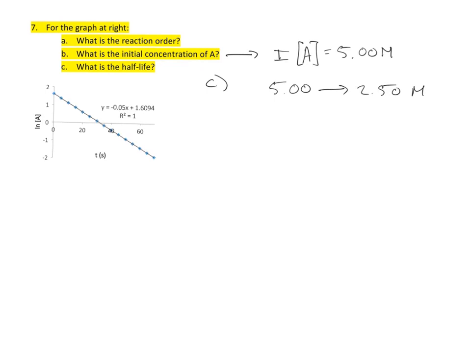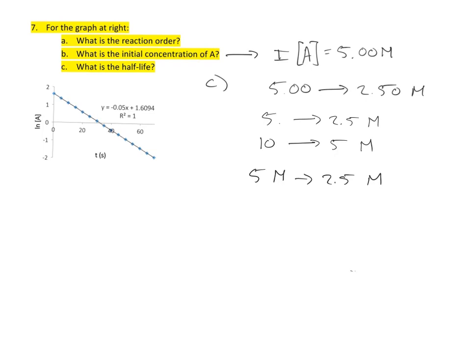Now this half-life is a constant amount of time that it takes to use up half of the reactant. So whether you're going from 5 to 2.5 molar, it will take the same amount of time as going from 10 molar to 5 molar. Again, it's just the amount of time that it takes to use up half of the reactant in the reaction. And so for this question, what's the half-life that we're talking about? We're talking about going from 5 molar to 2.5 molar, because that's half of 5.